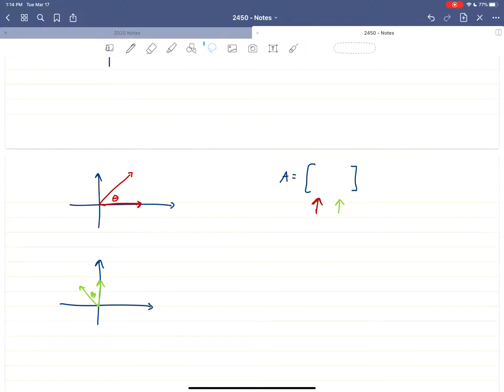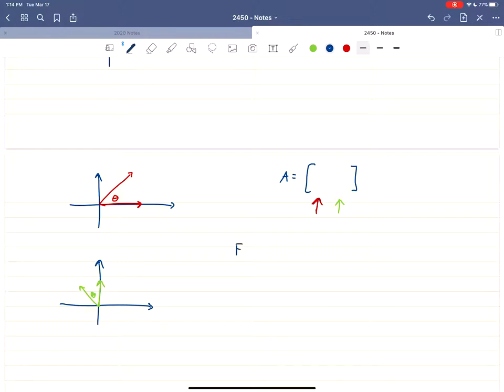But once we know that, I'm going to get rid of the circle because it clouds the picture here. What I want to think about is where the unit vector in the x direction goes, so i hat or (1, 0) or however you want to say it. Where does that get moved to? What's the image of (1, 0)?